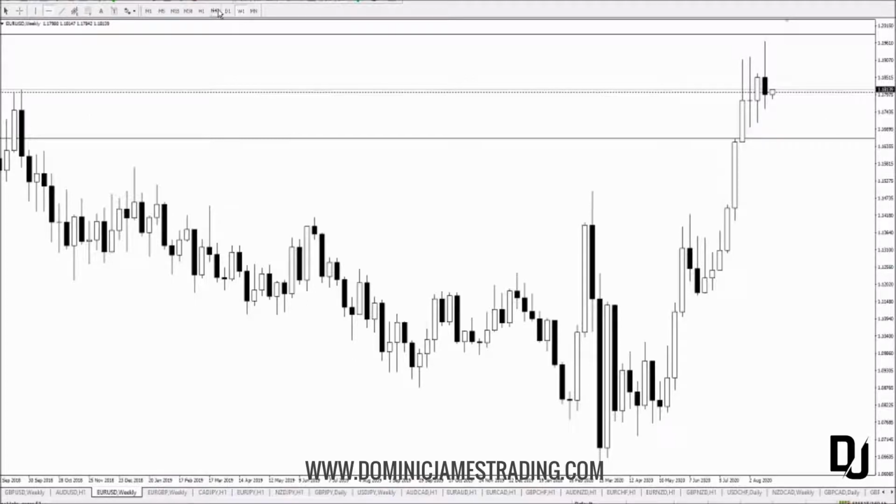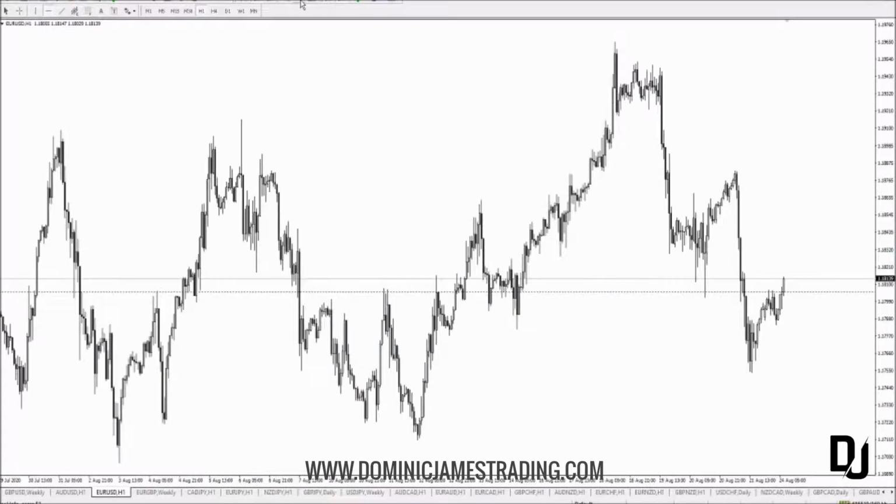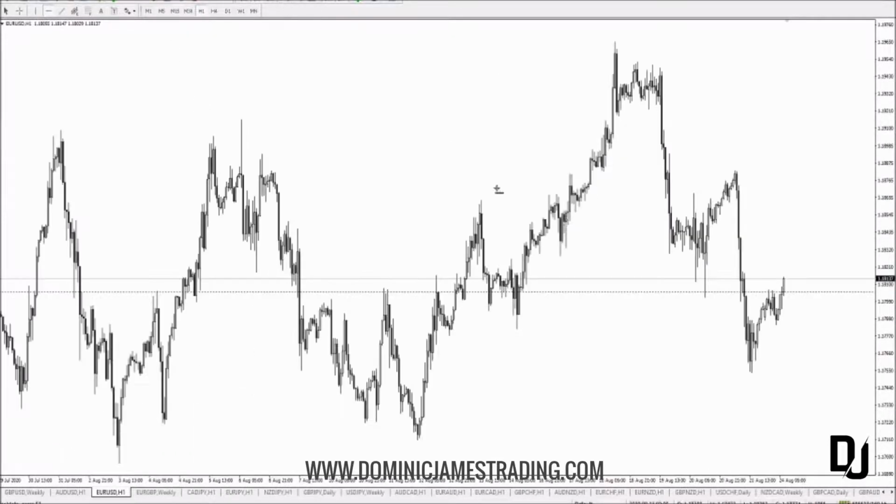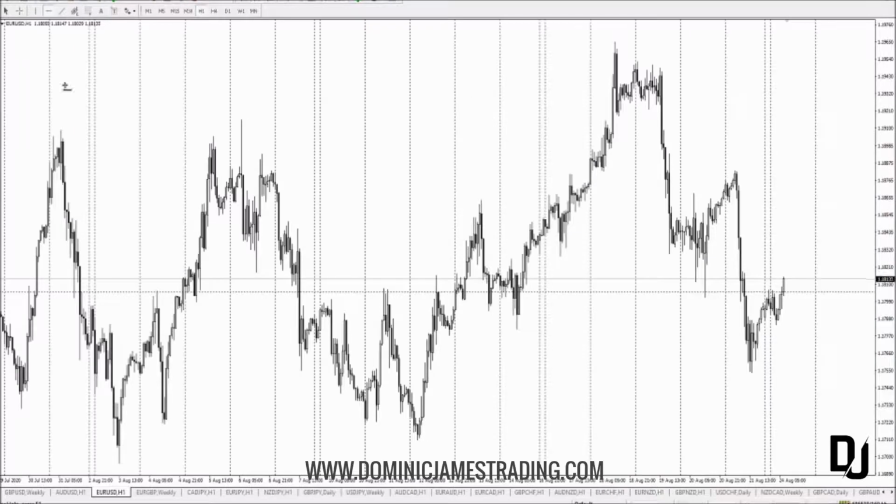Go down into the lower time frames and look for general structure, and at the moment there is no real structure that I can see is going to benefit me, other than if we put the day dividers on. We have this support coming in here.